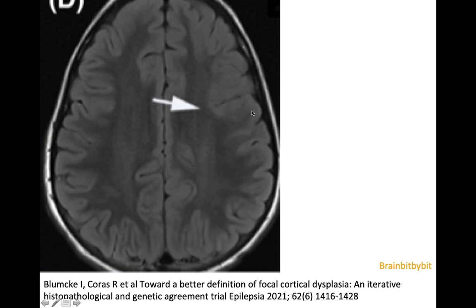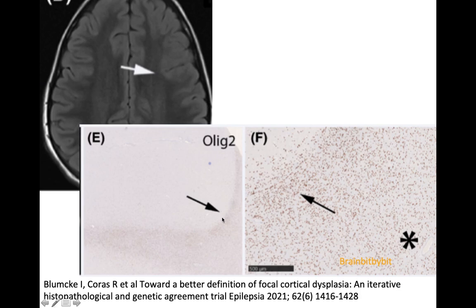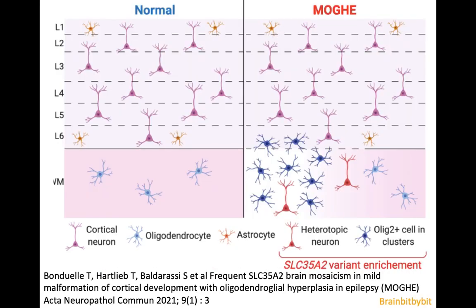This is another case of MOGHE with left frontal lobe epilepsy with an abnormality on the MRI with thickening of the cortex, and after staining for the oligodendrocytes on this zoomed image, you can see again the excess of oligodendrocytes, so oligodendroglial hyperplasia.